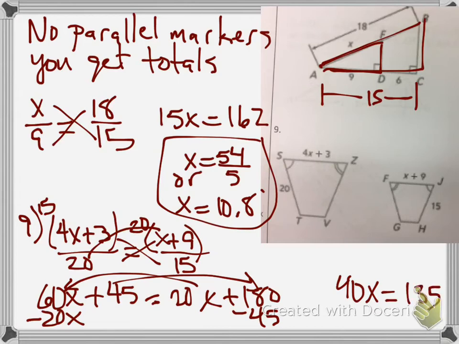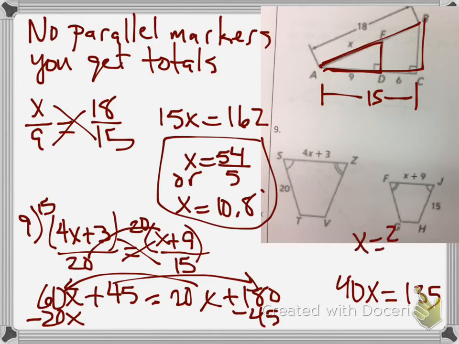And from there, you would say, okay, 135 divided by 40, trying to make sure I did all that correct, 20 times x plus 9, and you would get 27 over 8.